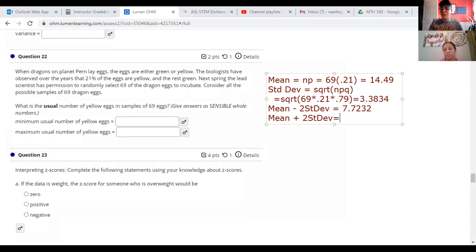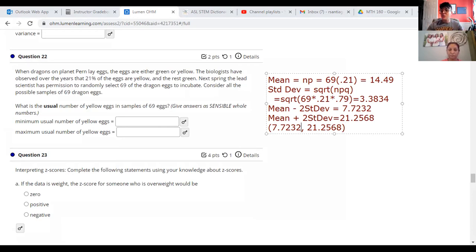We're going to do the same thing for the upper. So we have 14.49 plus 2 times the standard deviation, which means my upper bound is 21.2568. I'm going to write this in interval notation, 7.7232, comma, 21.2568. So this is the range of our usual values.